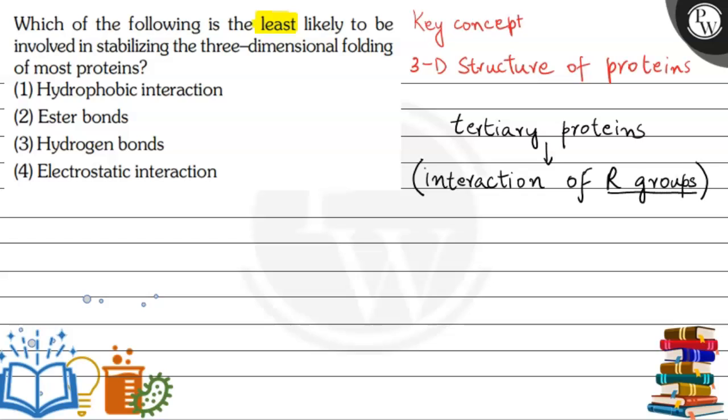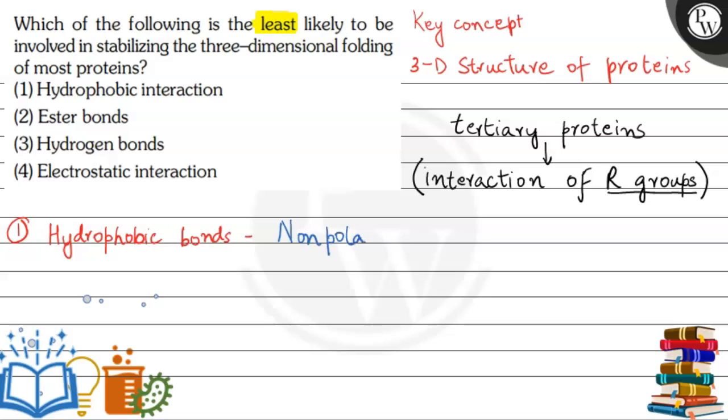So the first type of bond that is formed in case of tertiary structure of proteins is known as the hydrophobic interactions or the hydrophobic bonds. So they are formed between the non-polar R groups.